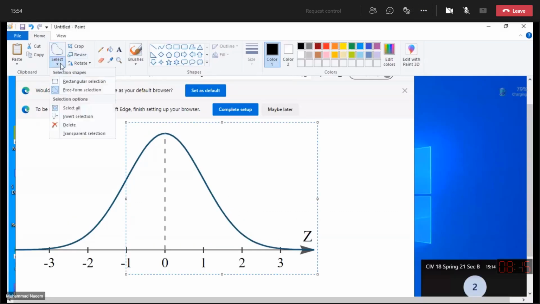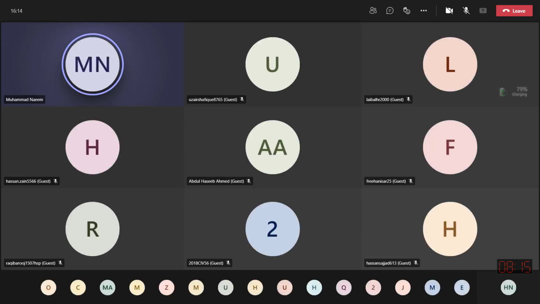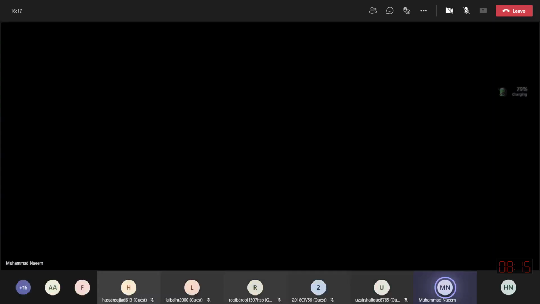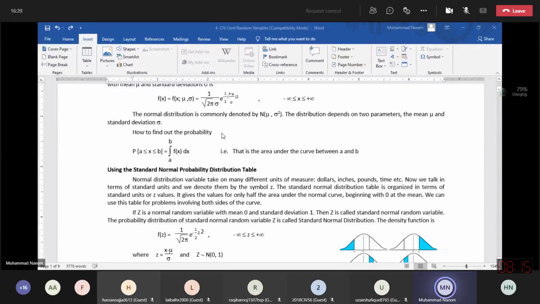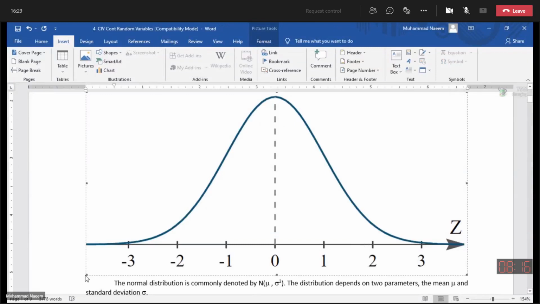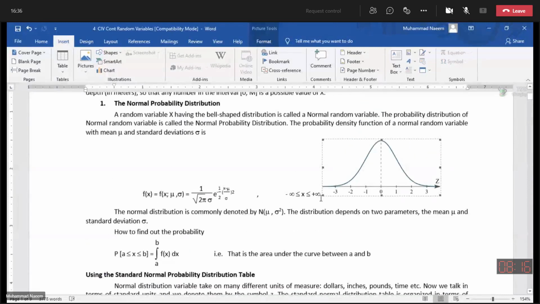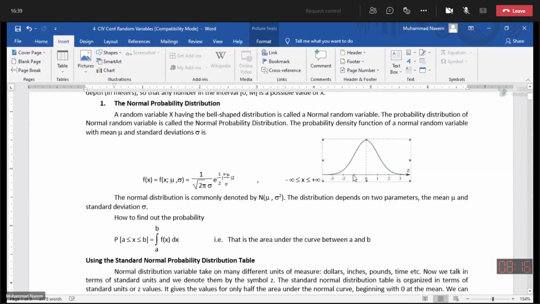I need to shift it in the text. So this type of the curve is called a normal curve.